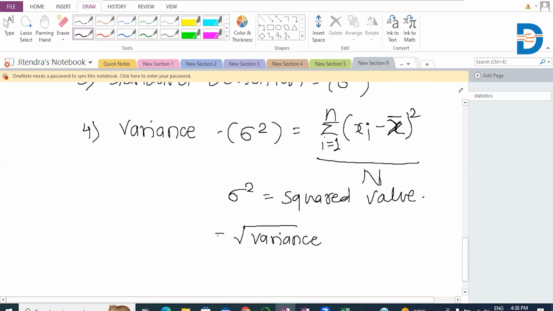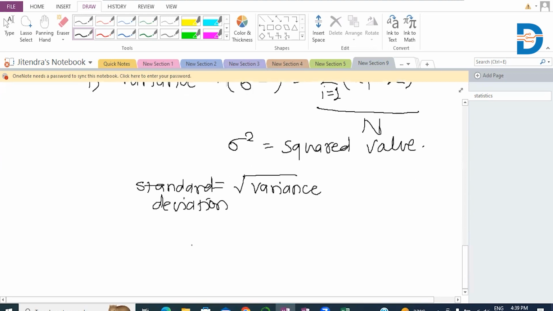The square root of the variance is nothing but the standard deviation. We represent it as sigma is equal to the square root of sigma square. This is the relation between standard deviation and variance.